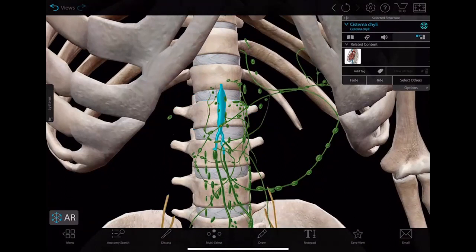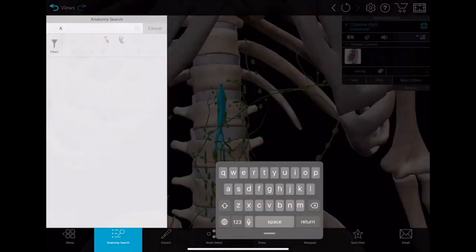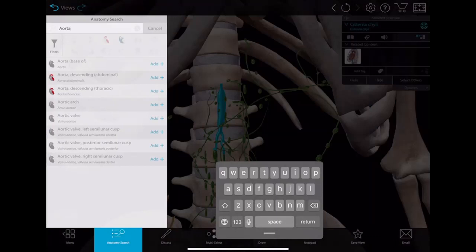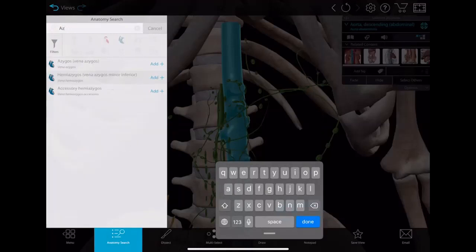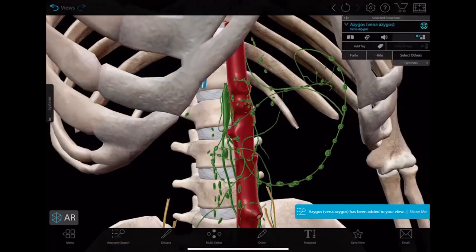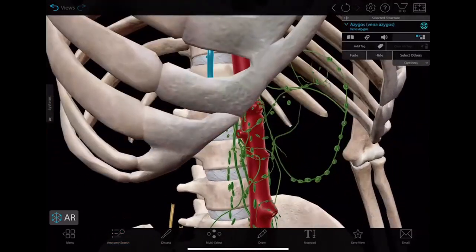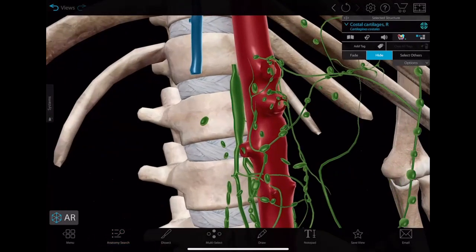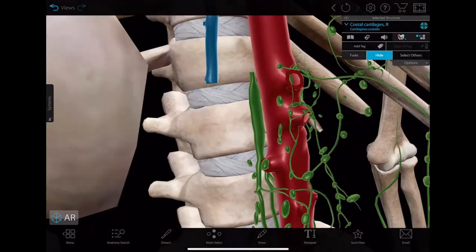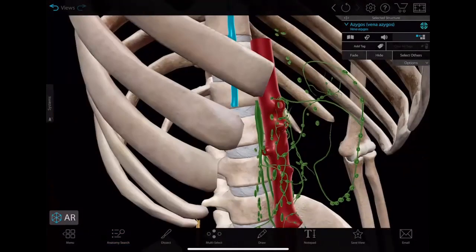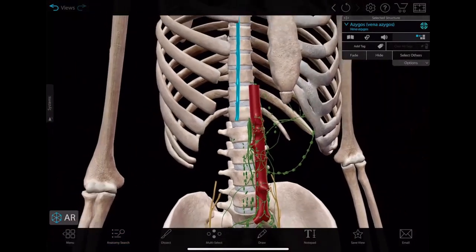If we add the aorta and the azygos vein, you see, it lies in between the aorta and the azygos vein.